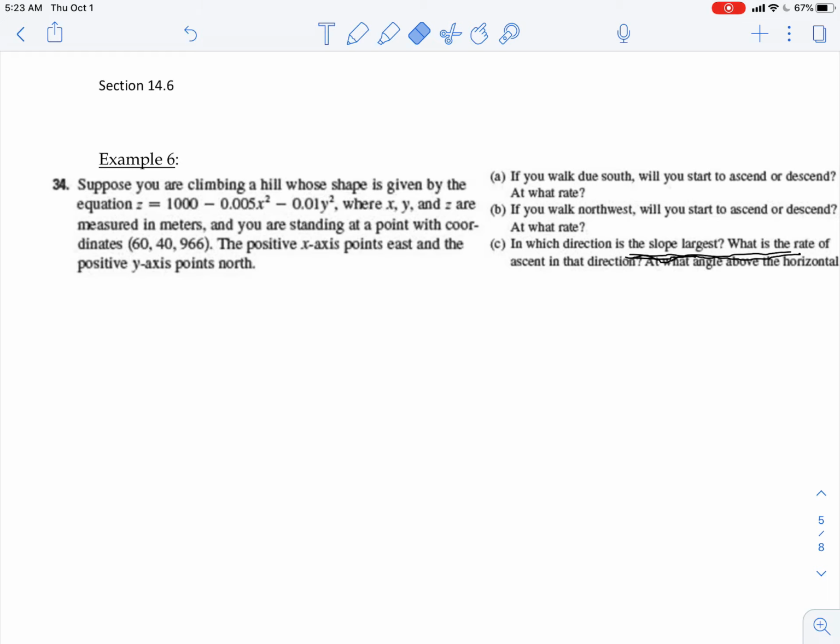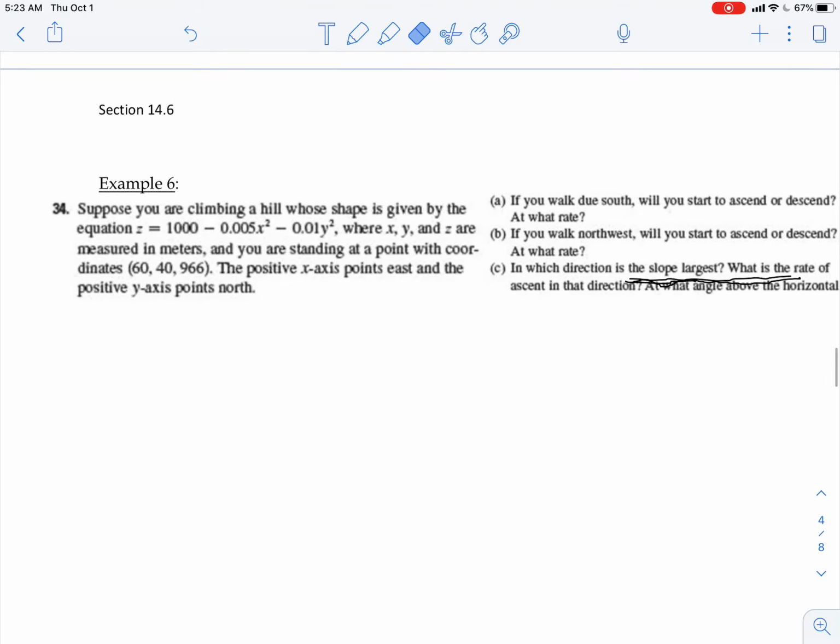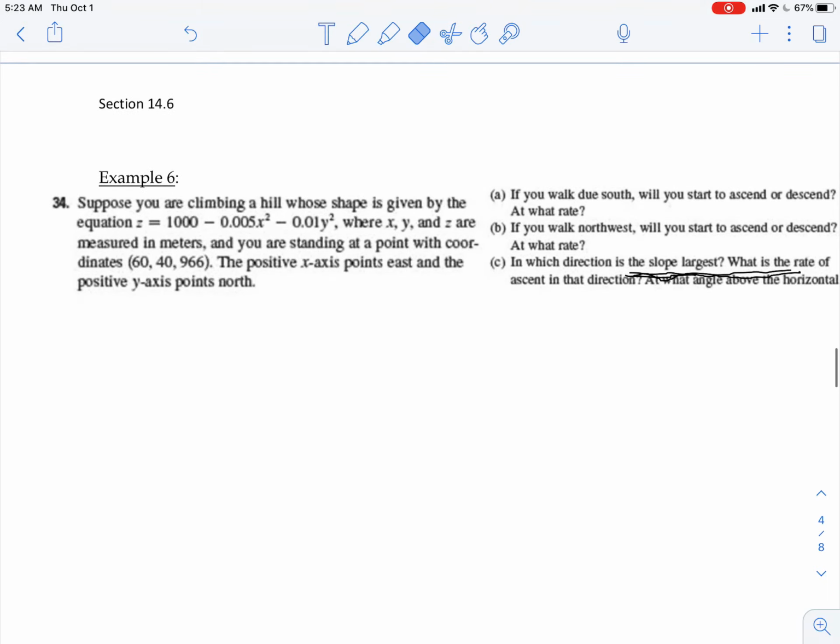So what we're going to do first, in order to find the directional derivative, is I'm going to need my gradient of our function xy. So let's go ahead and do the gradient. When I'm doing the gradient, again, I'm doing the partial derivative of x and the partial derivative of y.